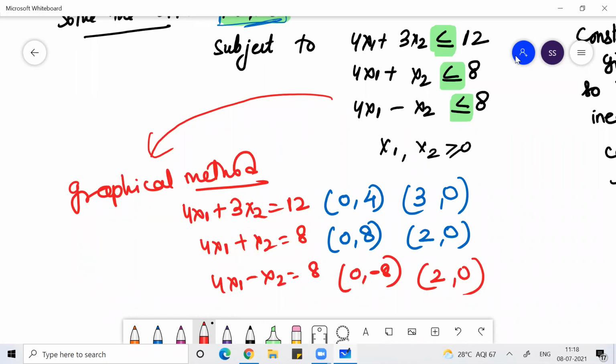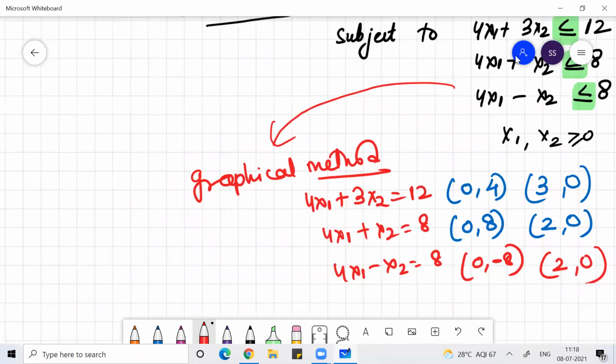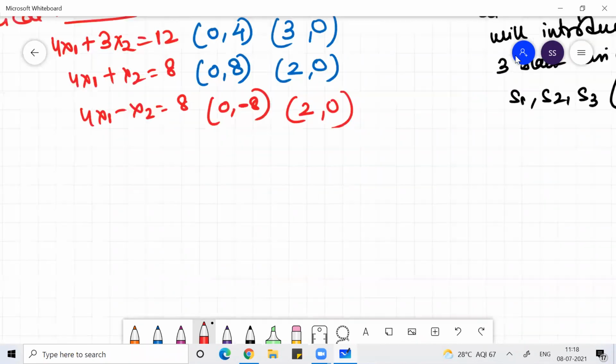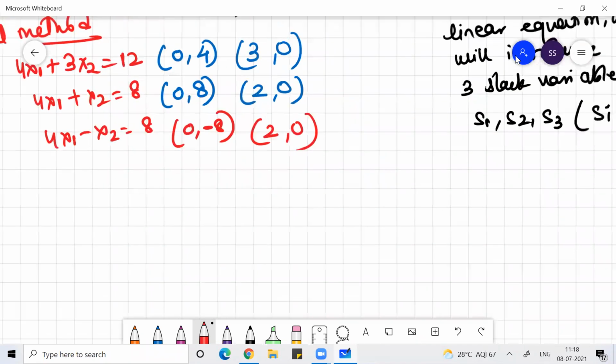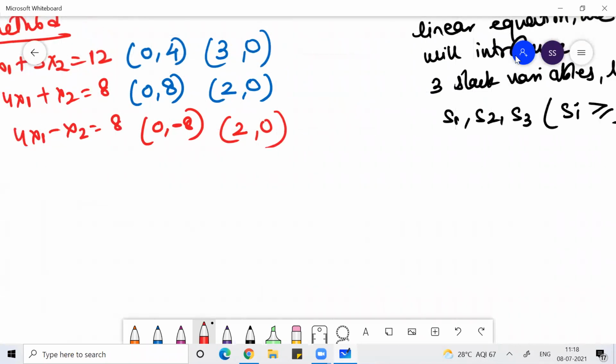So once we get these coordinates, your coordinates are 0, comma 4; 3, comma 0; 0, comma 8; 2, comma 0; 0, comma minus 8; and 2, comma 0. By using these coordinates, we can draw the line.